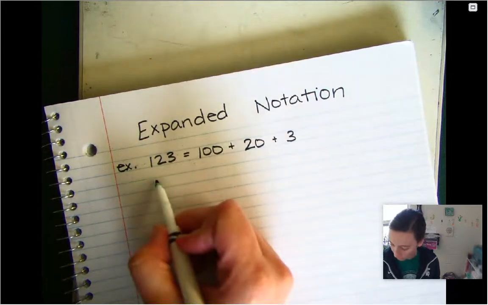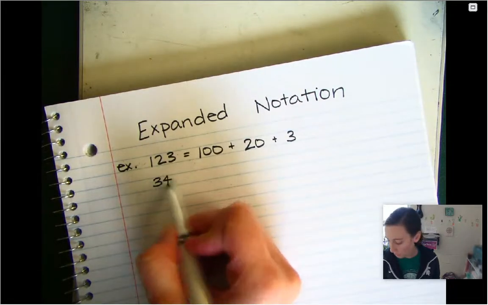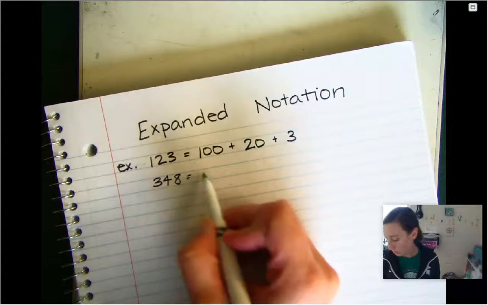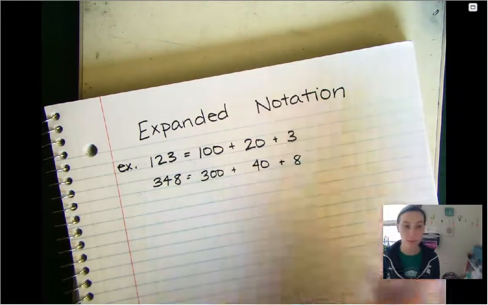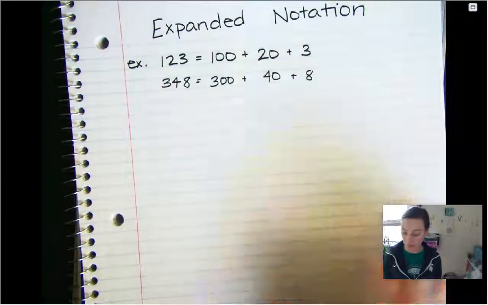Another example would be 348, which is 300 plus 40 plus 8. So you're just breaking it down so each place value is separate.